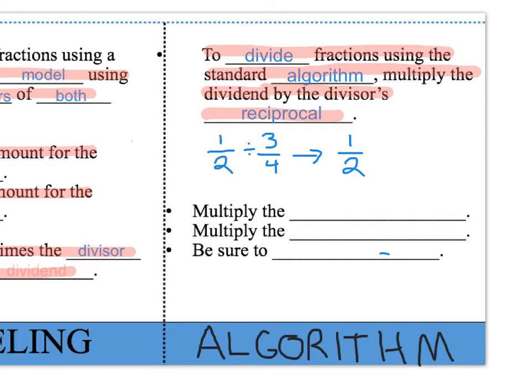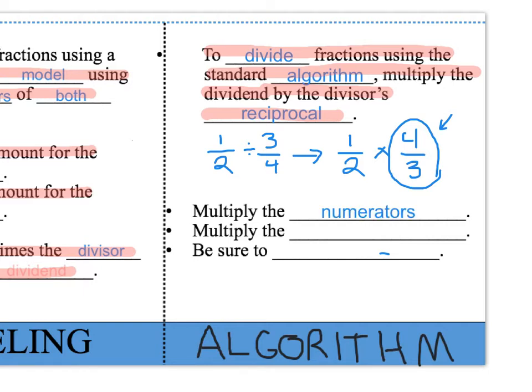The division sign will become a multiplication sign. And I'm going to take the reciprocal of 3/4, which is 4/3. So whenever you do this, please don't flip the first fraction or the dividend. Only flip the second fraction or the divisor. Flip that only. Don't flip the first fraction.